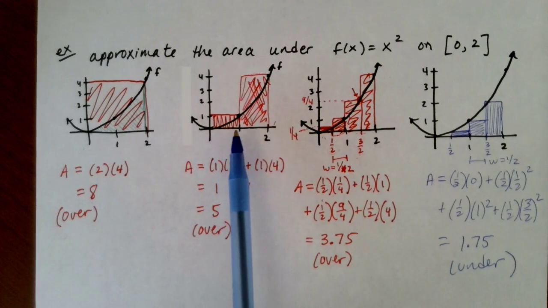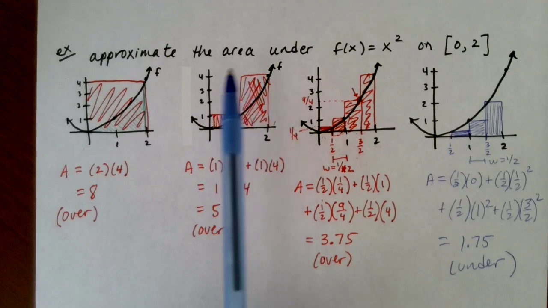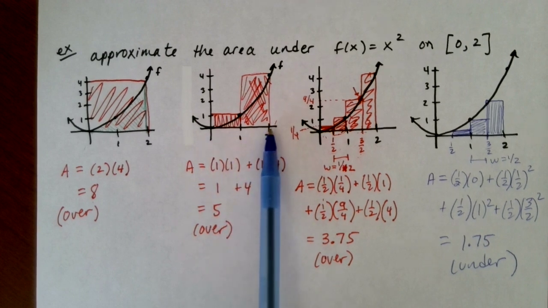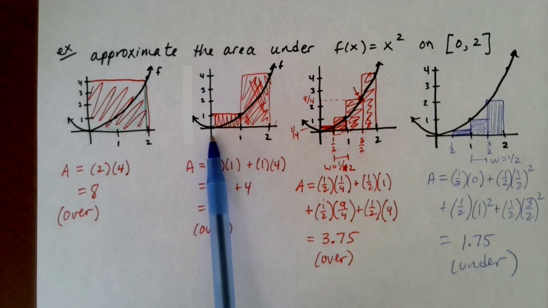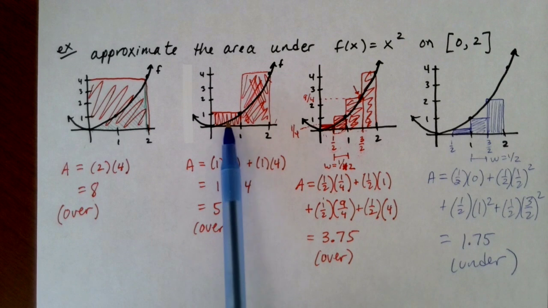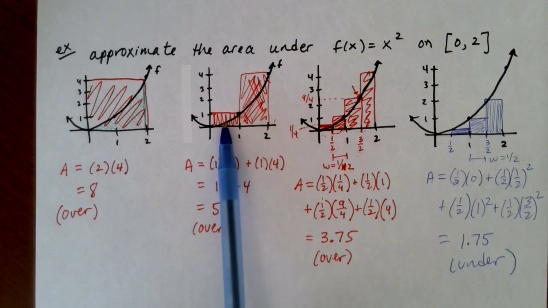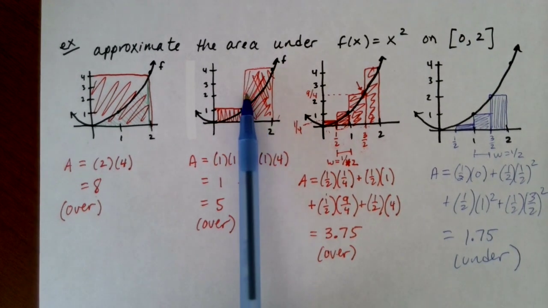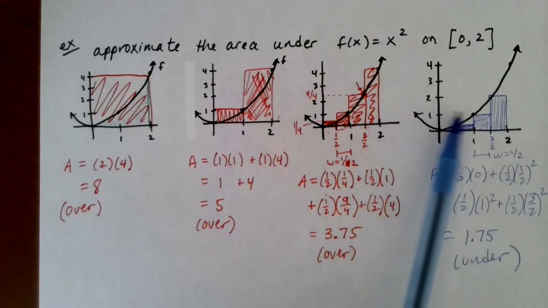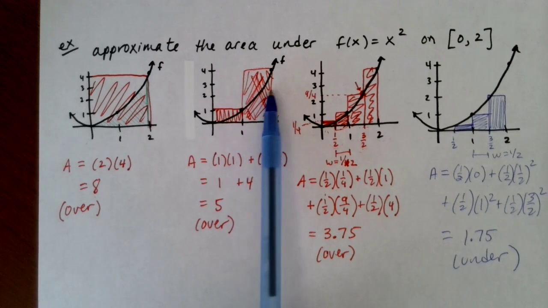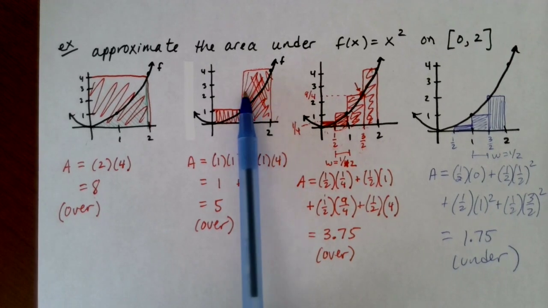If you were going to do a midpoint sum here with two rectangles, we would still split our interval into two evenly spaced rectangles. But then for the rectangle between 0 and 1, I would use f of 1/2 to set the height. And for the rectangle from 1 to 2, I would use f of 1.5 to set the height. So instead of the top right or top left corner of the rectangles touching the curve, it would be exactly halfway through right here.